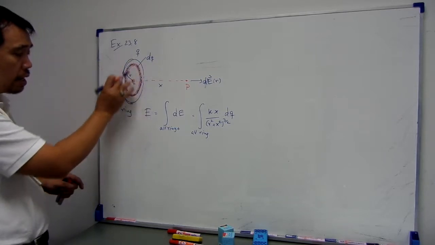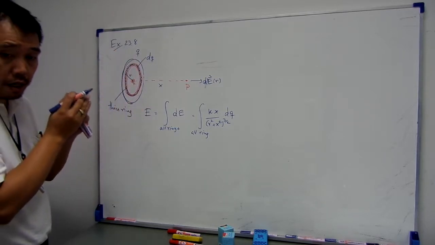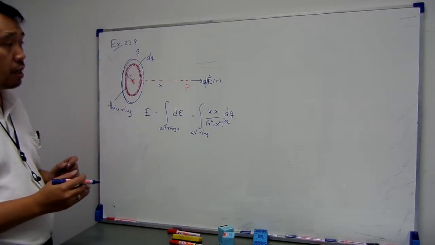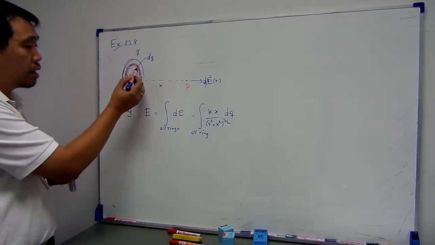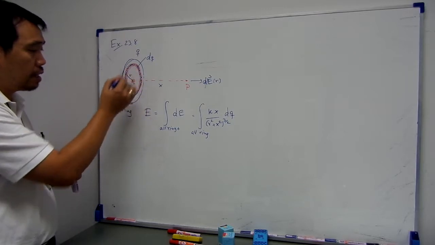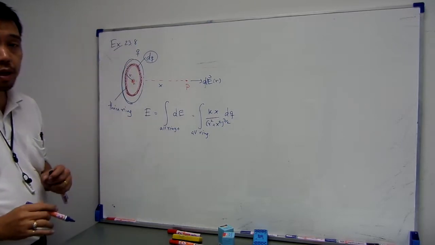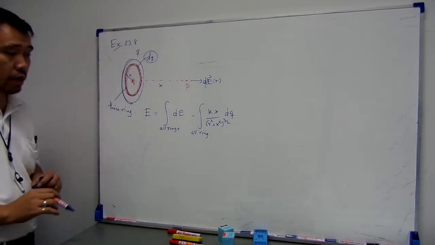We divide this into a large number of very thin rings, so the amount of charge on each ring is quite small. So we use the symbol dQ like this.